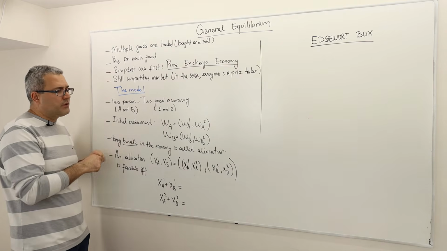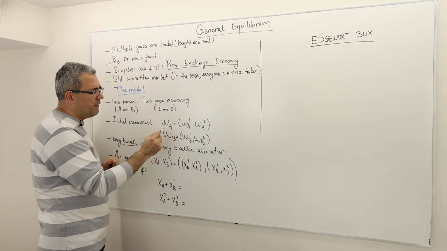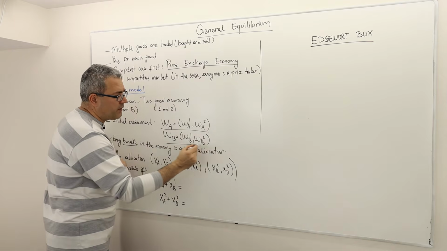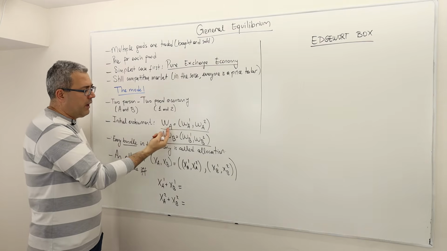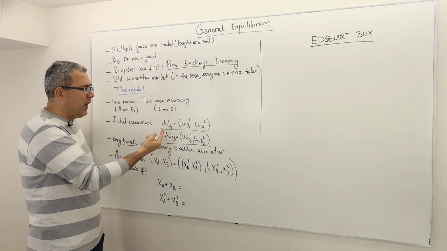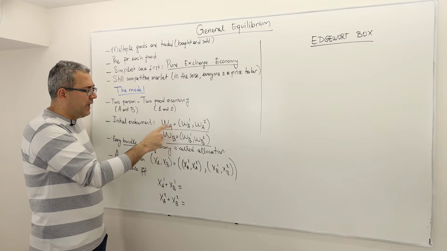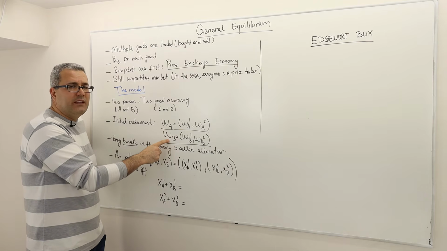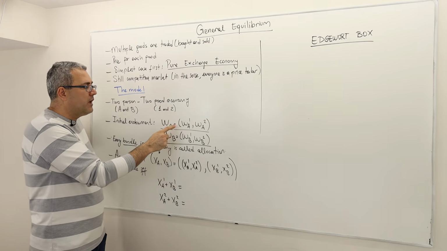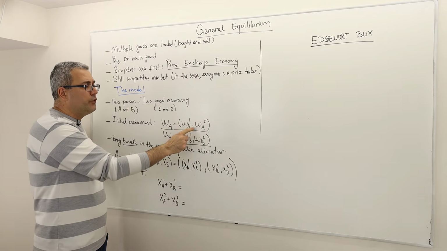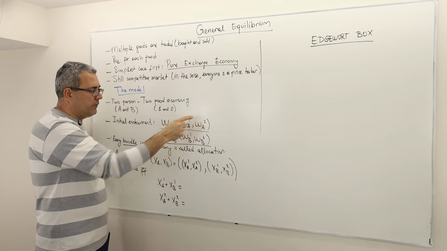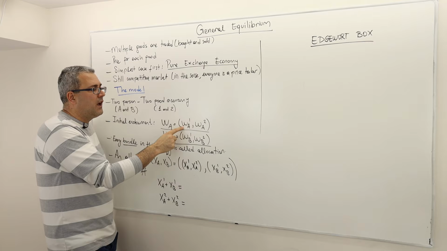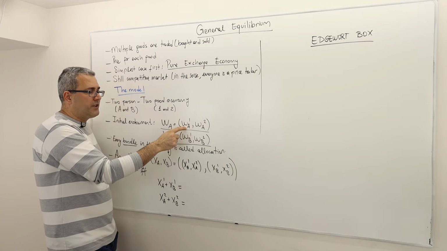So the initial endowments are denoted by vectors, all right? And this vector has two components because there are two goods. WA refers to the initial endowment for individual A, and WB is the initial endowment for individual B. So WA consists of two real numbers, WA1 and WA2, that indicate how much of each good person A brings.